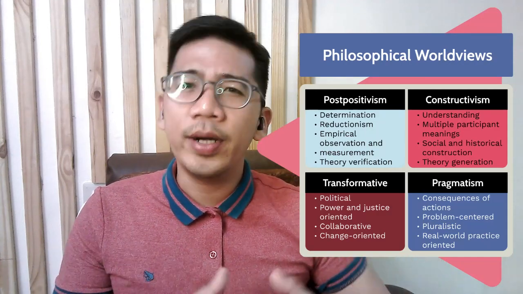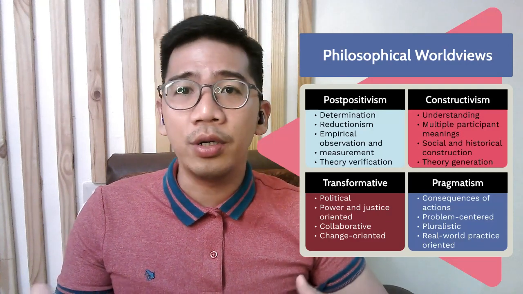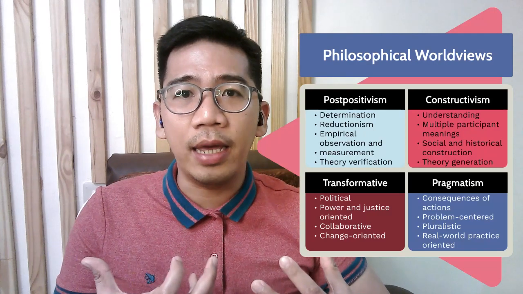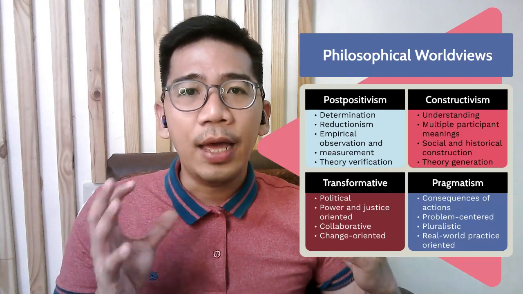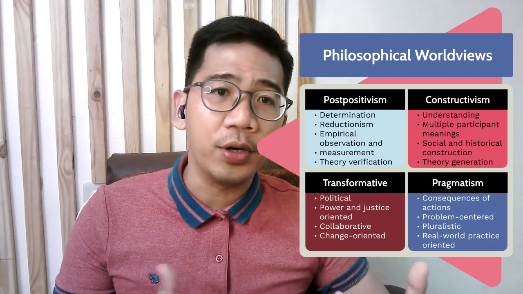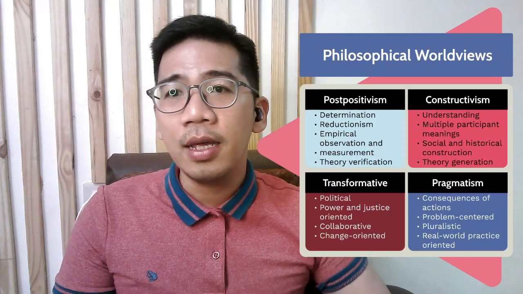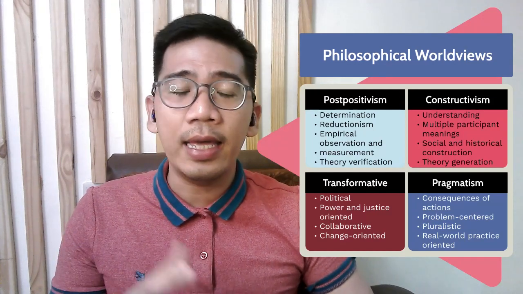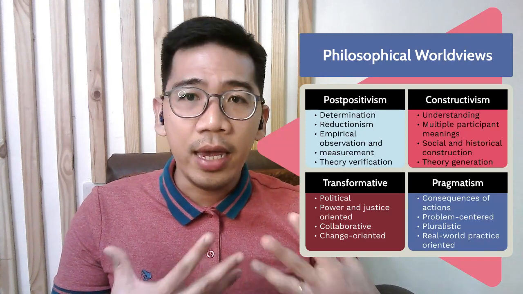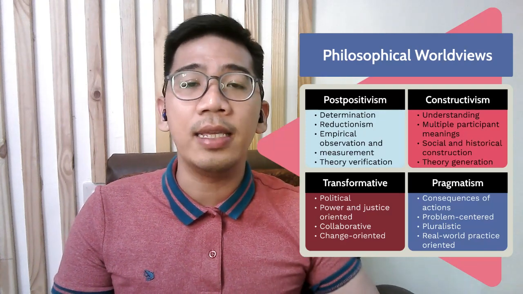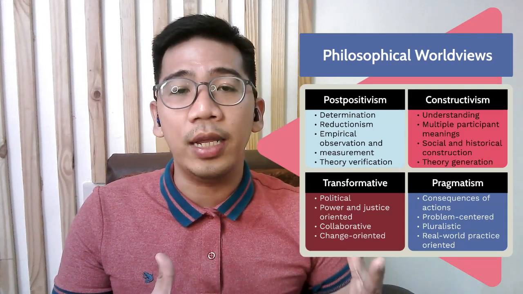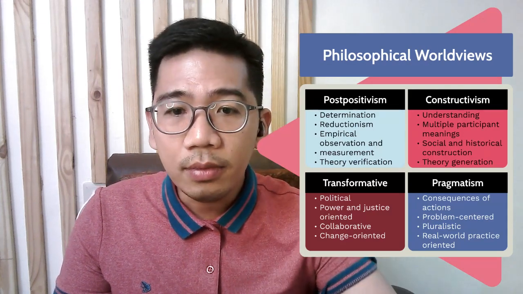So, the works of Karl Marx, Adorno, Marcuse, Habermas, and Freire have been used by transformative writers in the past. And for this point of view, you can also read Heron and Reason in 1987, 1997, and Chemis and Wilkinson in 1998.